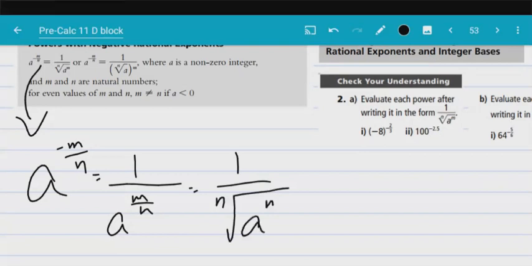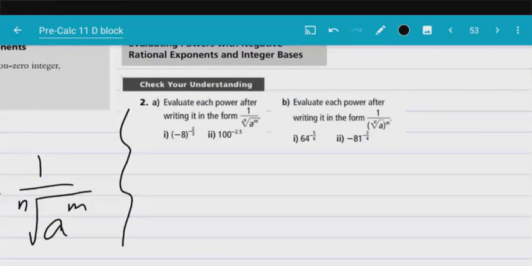How does that work? It's going to be 1 over the cube root of negative 8 squared. Is that right? Now, if you're thinking, well, that's right, isn't it?